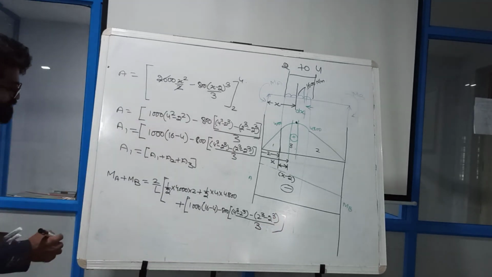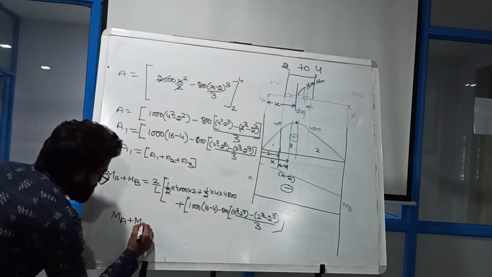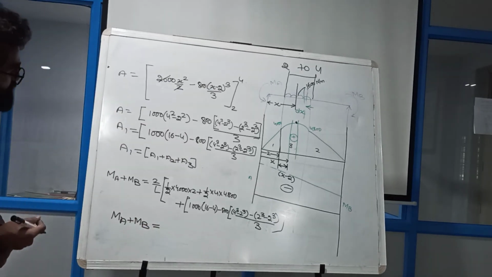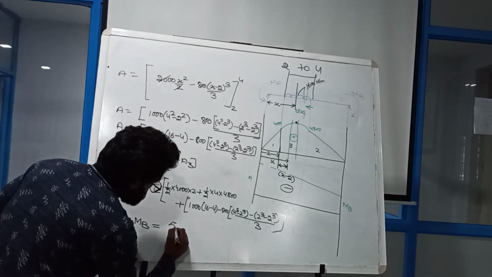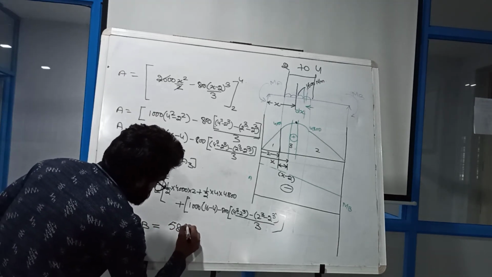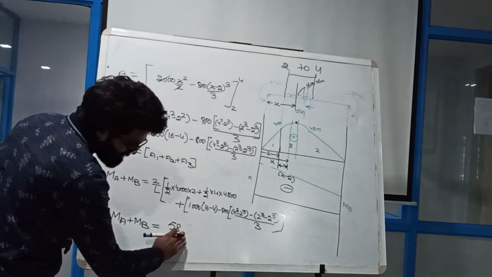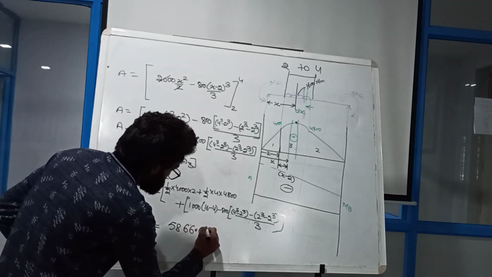If I simplify this equation, I am going to get MA plus MB. MA plus MB is equal to 5800, 866.67.